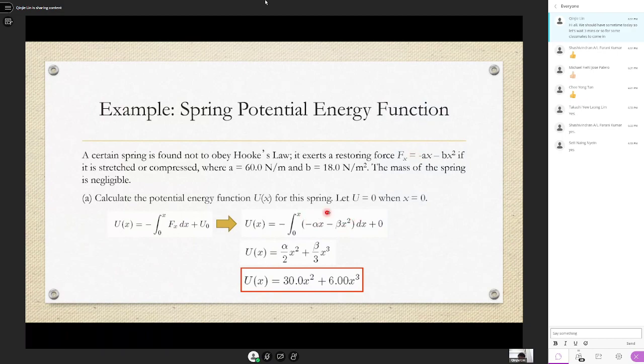So you put this expression inside, and then what happens? You just need to perform a simple integration. All right, you have all the x here, dx. So you just perform a simple integration, and then you will get the answer. So this is the function to describe the potential energy for this particular question.